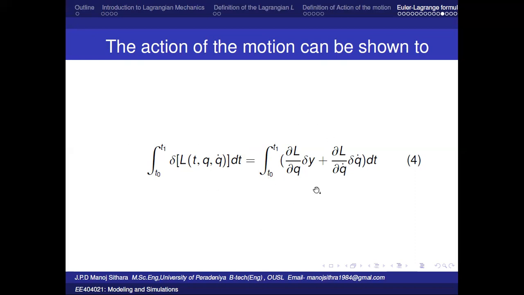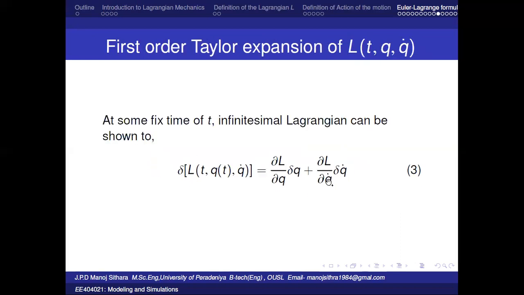Then the action can be obtained as the integration of this using a first order Taylor expansion of the Lagrangian at some fixed time value, right? That means we assume that t is constant, and the value of q(t) will be dragged, right?